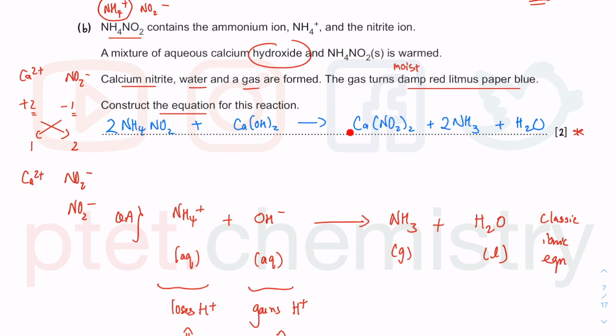I have 1 calcium and 1 calcium. The oxygen here is balanced with the 2 of nitrite, so I have 2 extra oxygens, so I need 2 oxygen there, so 2 H2O. Having said that, I have 4 hydrogens. I have 2 hydrogen here in NH4 plus. Each of them loses 1 H plus, so 2 of them lose 2 hydrogen, 2 hydrogen, 2 hydrogen, 4 hydrogen. This equation is balanced. They haven't asked for state symbols, so balancing the equation is good enough here.